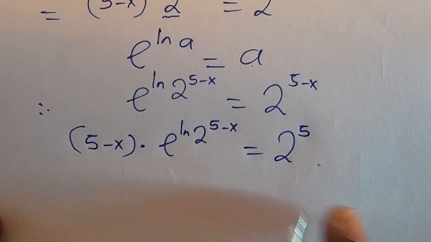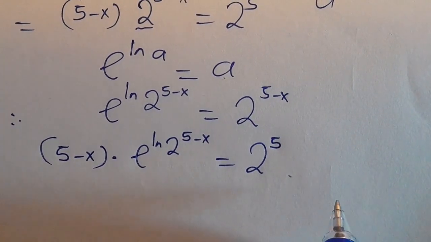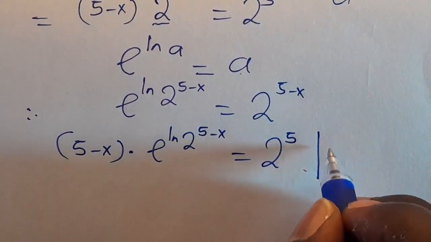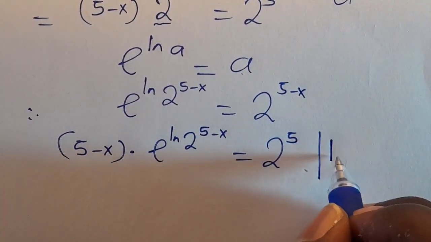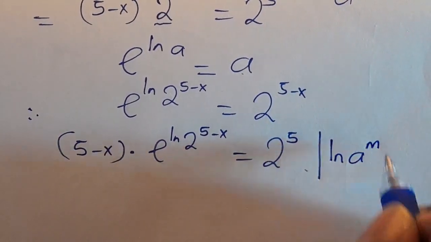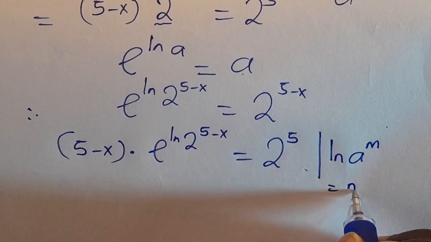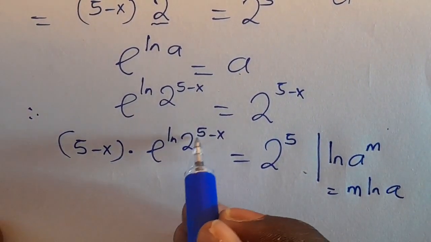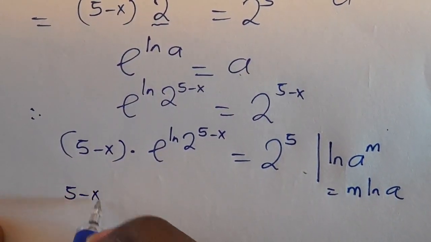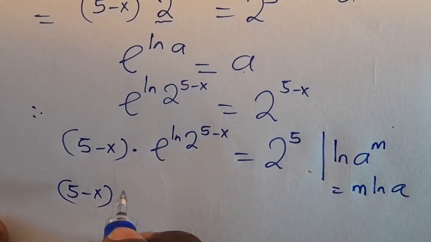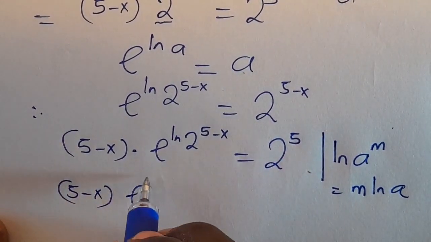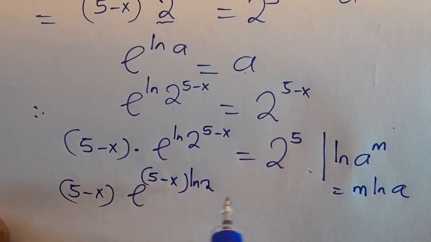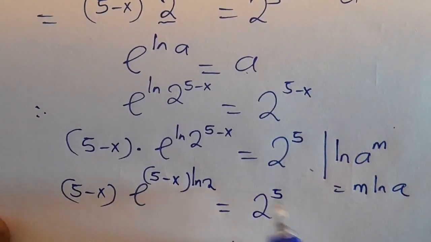So, according to the law of logarithm, when you have ln of a to the power of m, this will give us m ln of a. So by applying it here, we have 5 minus x, then the whole of this will become 5 minus x ln 2, equals 2 to the power of 5.